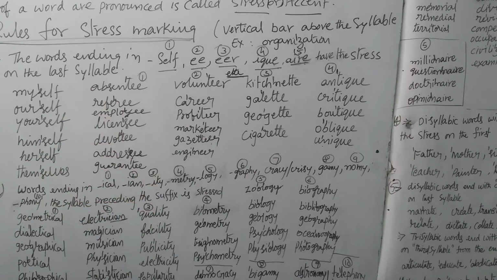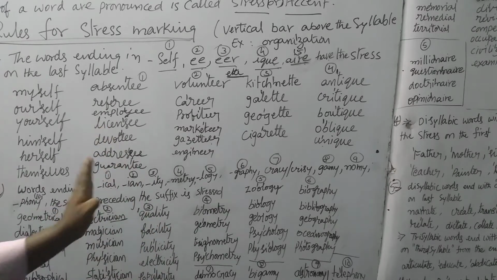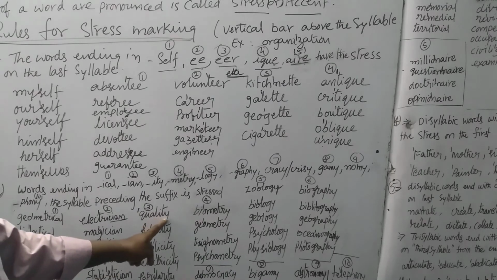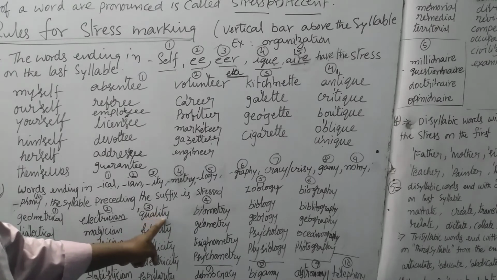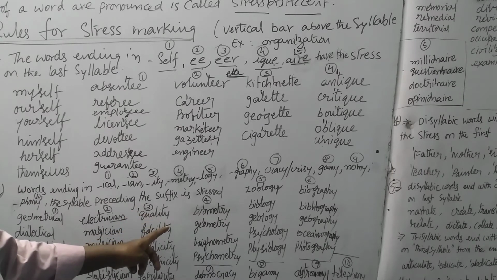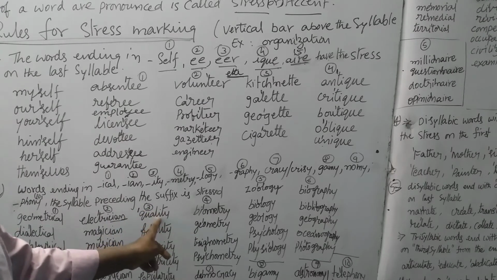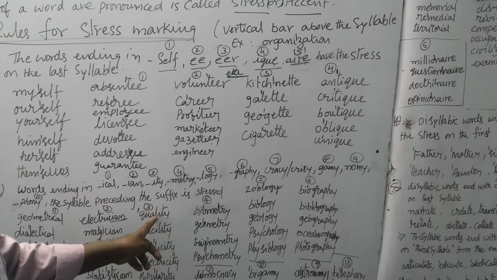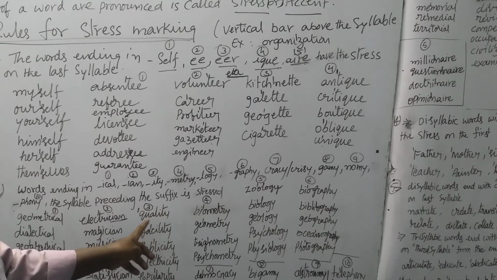Now the third one, -ity. Any word ending in -ity also, before that syllable we have to stress. For example, quality: -liti is the last syllable. -ity is the suffix, but it is part of the syllable -liti, so we take -liti as the suffix.